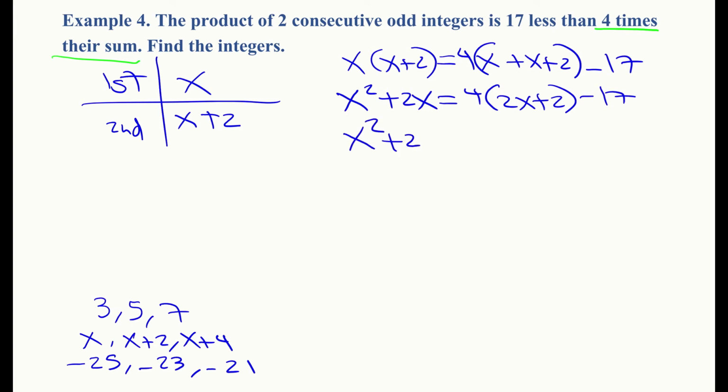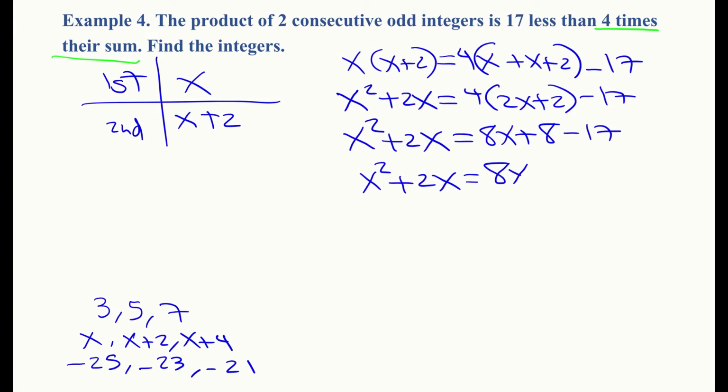So x squared plus 2x equals 8x plus 8 minus 17, which gives x squared plus 2x equals 8x minus 9. Now we have both sides fully simplified.